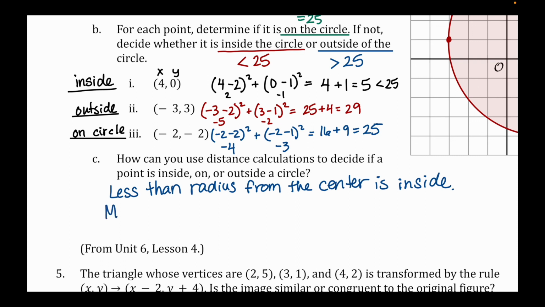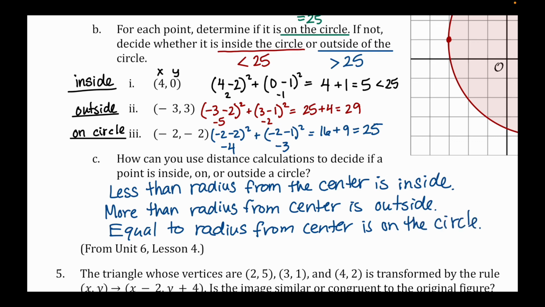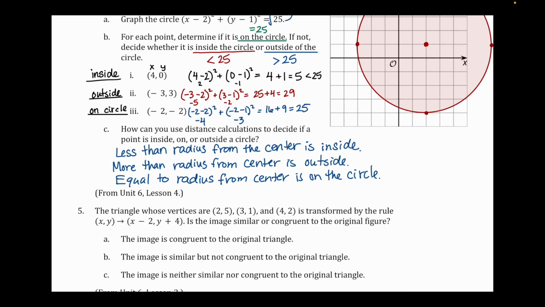More than radius from center is outside, and equal to radius from center is on the circle. I guess I kind of answered that question before I did part B, huh?